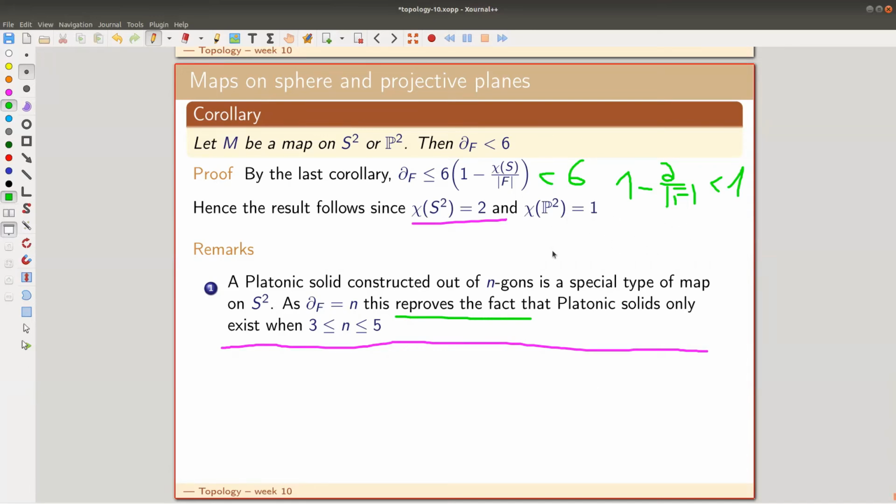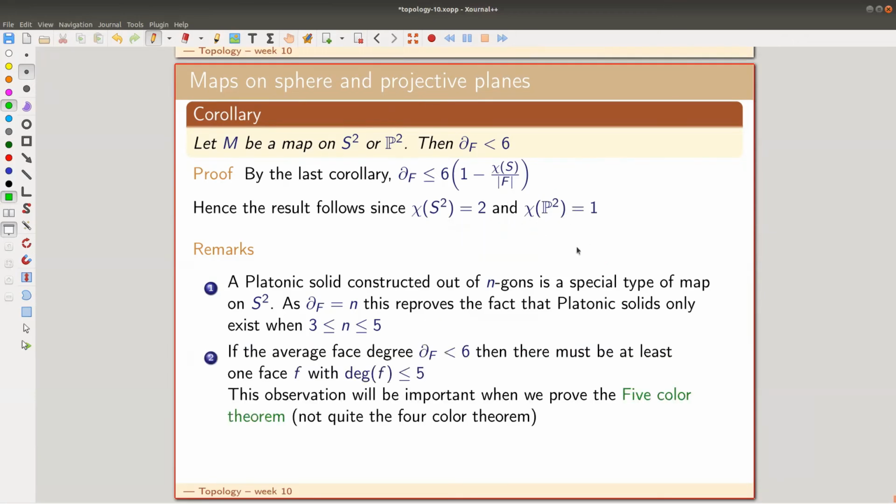Note again that the torus fails, so it doesn't work for the torus, doesn't work for the Klein bottle, and so on. But it works for the first two with the positive Euler characteristic. Okay, and if the average phase degree is less than 6, then there must be a phase, obviously, with degree smaller or equal to 5.